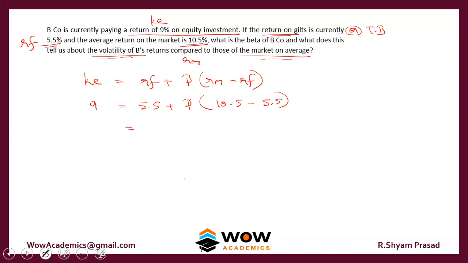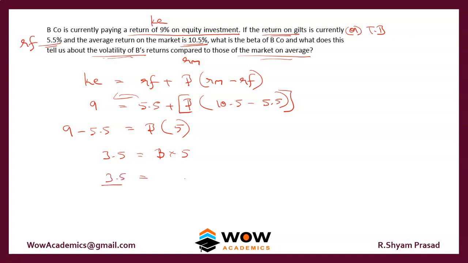First we will take this 5.5 to this side, because this has to be solved separately. So 9 minus 5.5 equals beta into 5. 3.5 equals beta into 5. So we'll take the 5 to that side. So 3.5 divided by 5, the answer comes to 0.7.